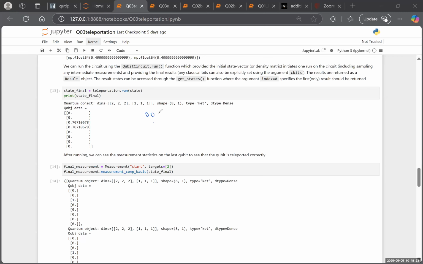It should be a superposition like this. It doesn't matter what the output is, right? The measurement outcome could be 0, 1. So I should also get 0, 1 like this, 1, 0, 1, oh sorry, 1, 0, 1, 1.